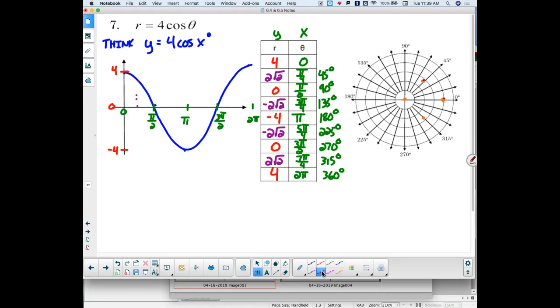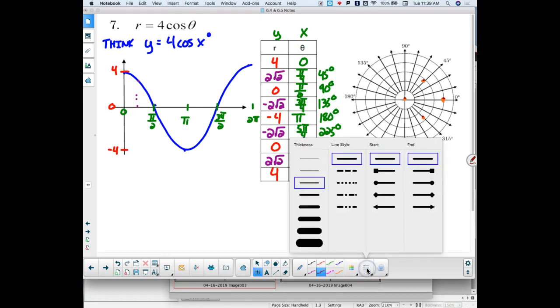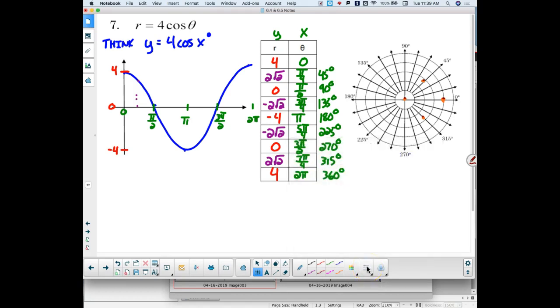So that puts me back there. 270° is 0. So that puts me back there. 315° is 2 square roots of 2, which is 2.8. Puts me right there. And 360° is here again, which puts me at +4. So my graph looks like that.